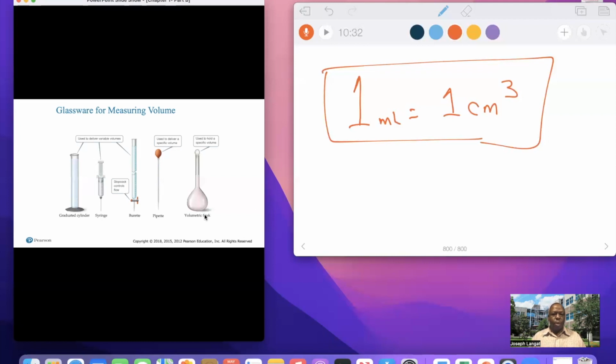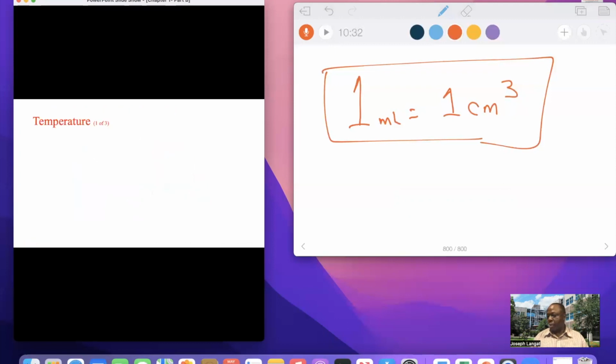And then the volumetric flask. This is more precise, right? You will use this in preparing solutions. There is a calibration mark along the neck, which indicates the capacity of the volumetric flask. The last two, this one and this one, are more precise in terms of the exact volume you want to measure.